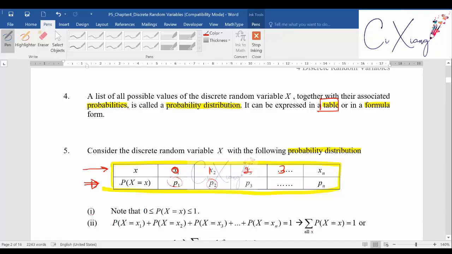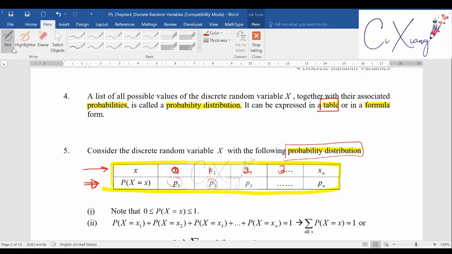To find the probability, you need to use all the concepts that you learned in chapter 3 before. No shortcut, you have to go back to chapter 3, and the concepts and methods you learned, you might need to apply here. Eventually our final answer is usually in table form, which we call the probability distribution table.